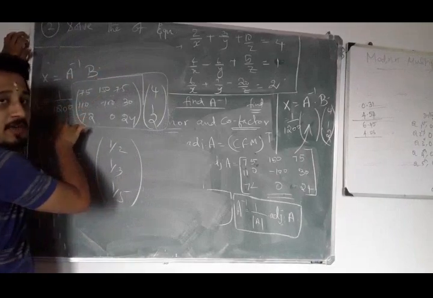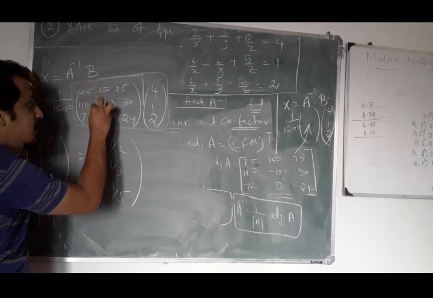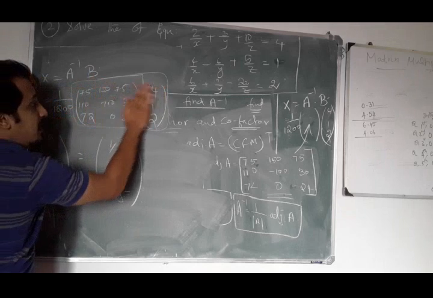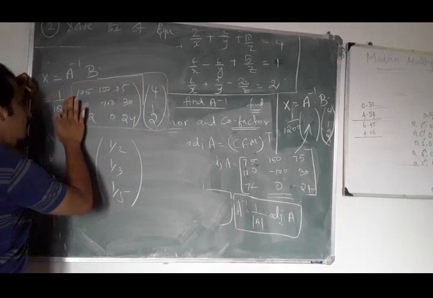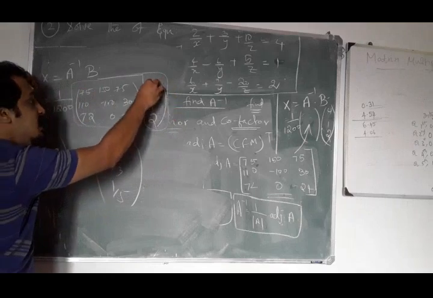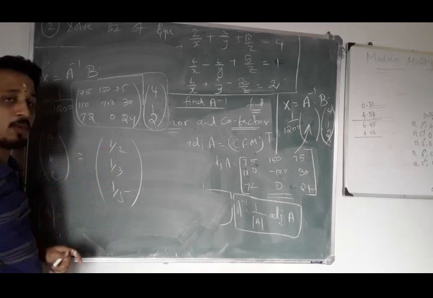After multiplying, you will get a 3 by 1 matrix, and each element you have to multiply with 1 by 1200. You will get 1 by 2, 1 by 3, 1 by 5.